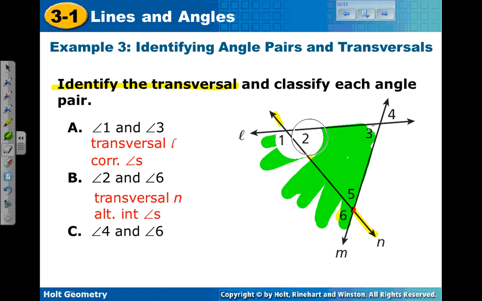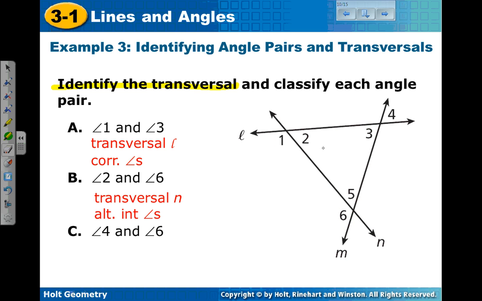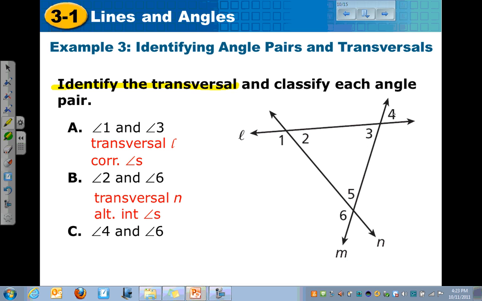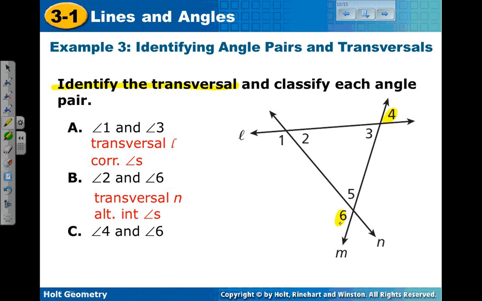And last but not least, let me erase this mess that I made here. And we have angle 4 and angle 6. Let me mark those. Angle 4 and angle 6. So the transversal for that one is going to have to be, here's the vertex and the vertex for those angles.